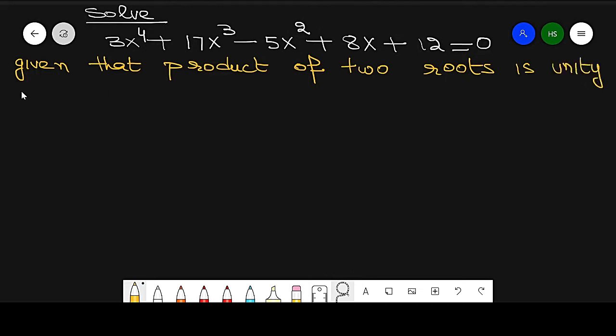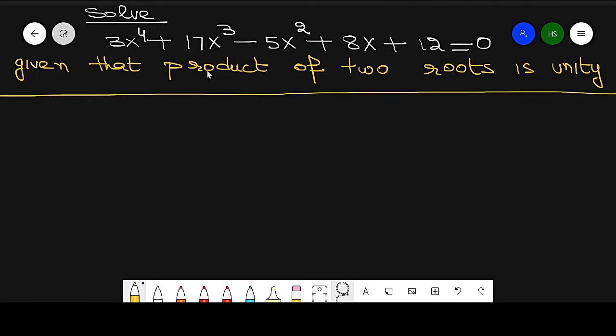So just correct the statement of the question. Solve the equation. The product of two roots is equal to unity. Now solution.